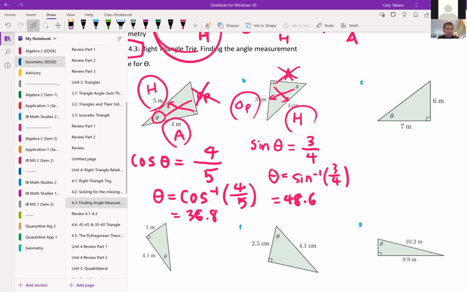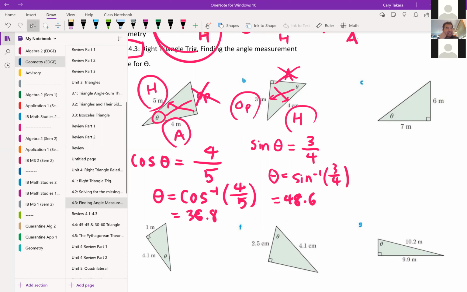Hey, Leo, I'm going to put you on the spot. For C, which function are we going to use? Is this a tangent, cosine, sine? Which one is it? I would say tangent.